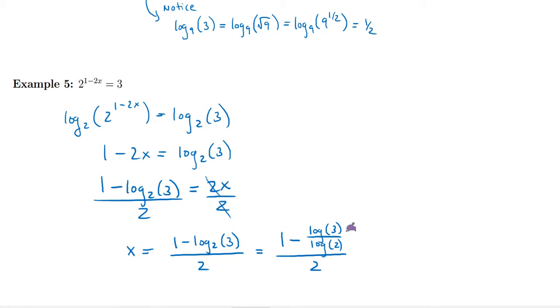You'd have to put parentheses around the whole numerator and make sure that you don't make a mistake. So it might be a good idea to simplify what that log is first, and then slowly simplify this thing. After doing this, we should get approximately negative 0.2925.